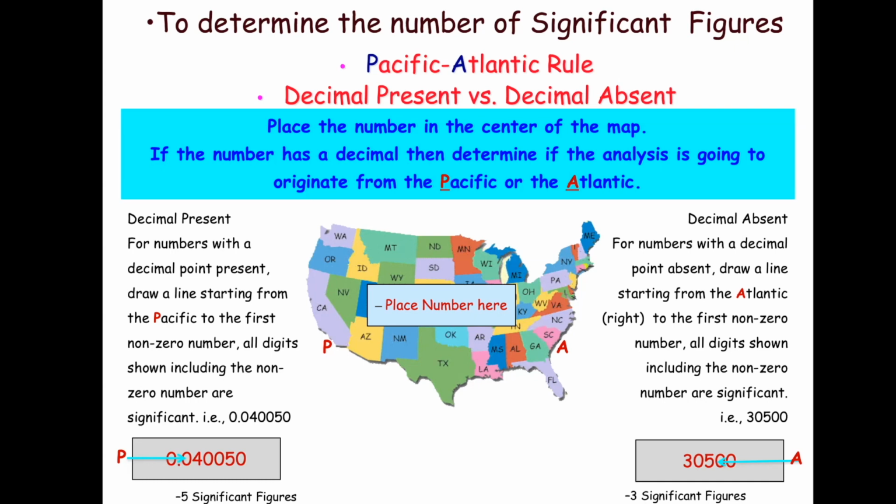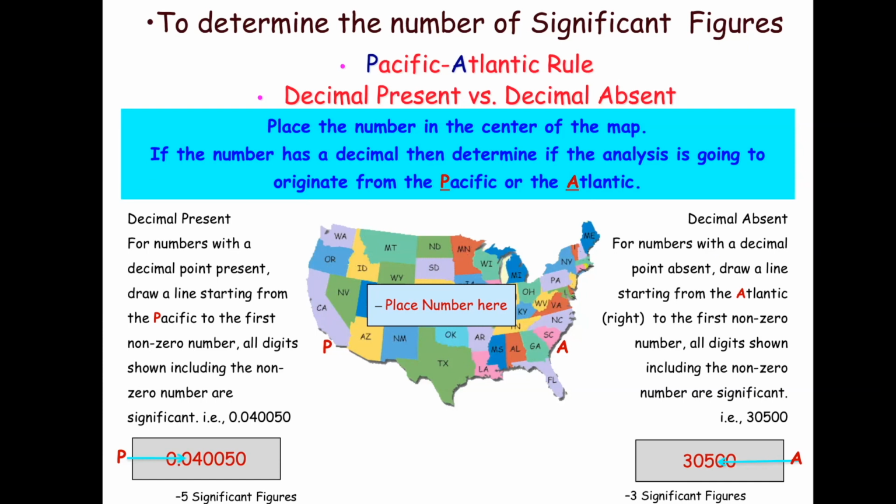So you put that number on the map of the United States, and then because it has a decimal, it's got a period, you start from the Pacific. You start from the Pacific right here, and you draw a line all the way to the first non-zero number. The first non-zero number of 0.040050 is 4. So start counting from there as you go from left to right, from the Pacific to the Atlantic.